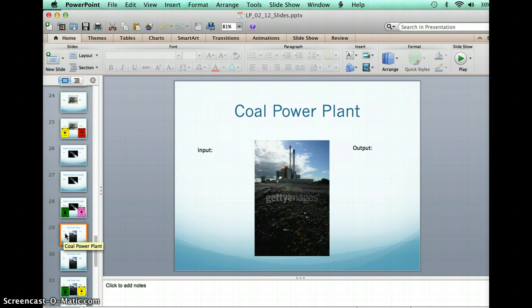Okay, the last one, a coal power plant. So this is a plant where they use lumps of coal and they heat them up to produce electrical power. So hopefully you're thinking, okay, what type of energy is coal and what type of energy is electricity? So on your chart for energy input, you're going to put the type that goes with coal and the type that goes with electricity for energy output.